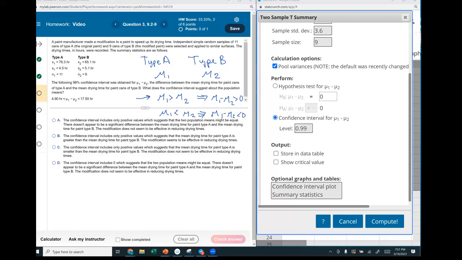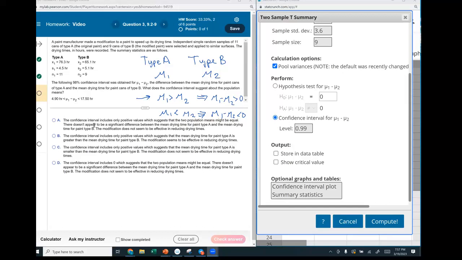So let's go look now at our answers and pick the right one. The confidence interval includes only positive values, that's true, which suggests that the two population means might be equal. Well, that's not what it says. It says that mu1 is greater than mu2. I don't see how they're equal.